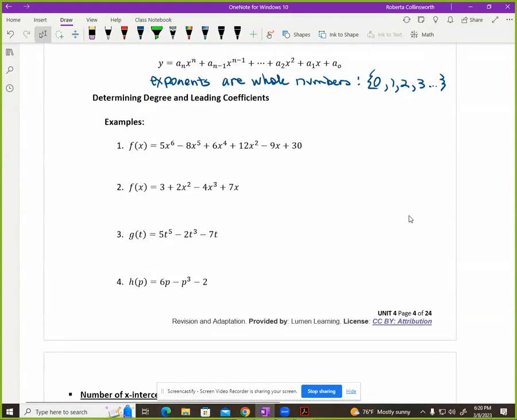So determining a degree and a leading coefficient. So I've talked about this also. Once we get this in increasing or decreasing order, then this very first term that we have right here is our leading term.